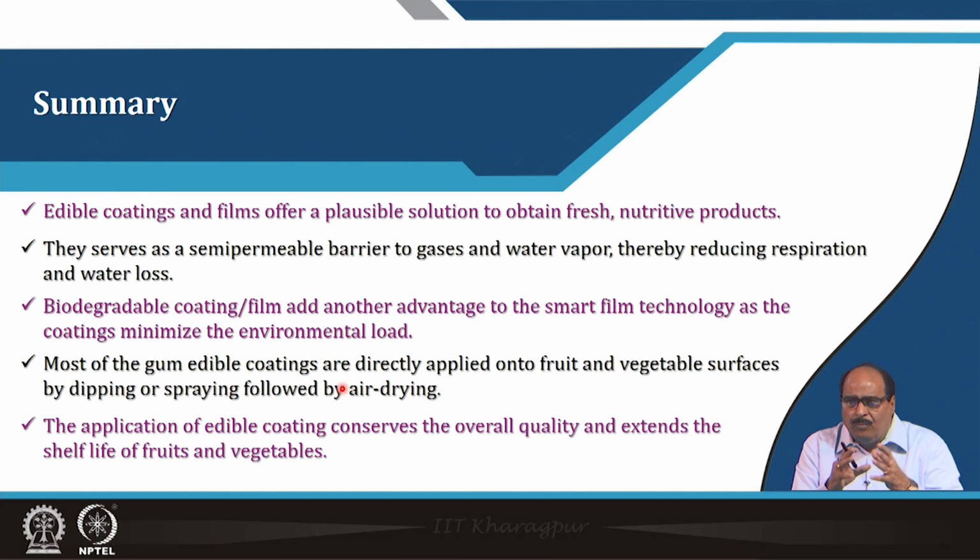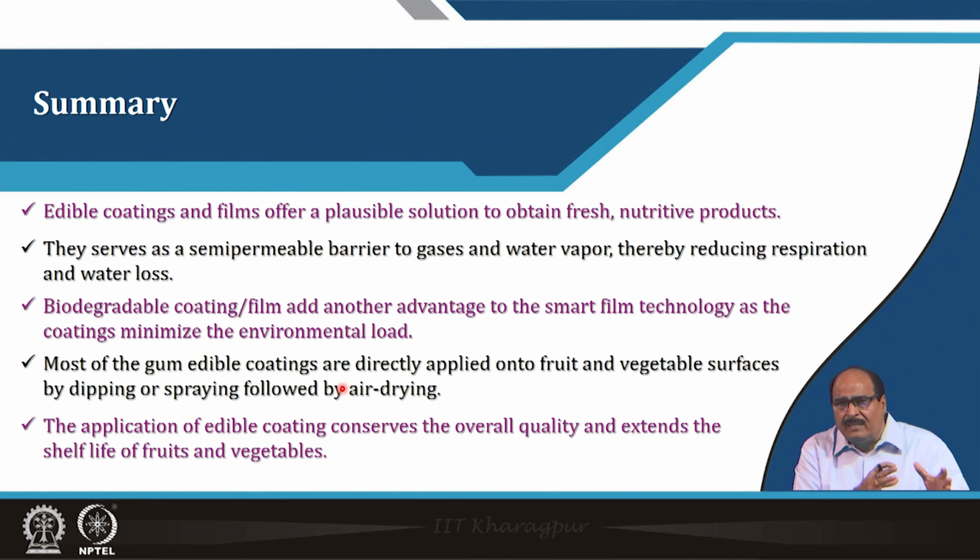Fruits and vegetables, after proper washing and cleaning, can be coated using a brush or spray devices or by just a simple dip. However, the formulation as well as the process, that is, how long it should be dipped, should be properly ensured so that a proper coating is maintained with proper permeability to gases, and it can extend the shelf life.